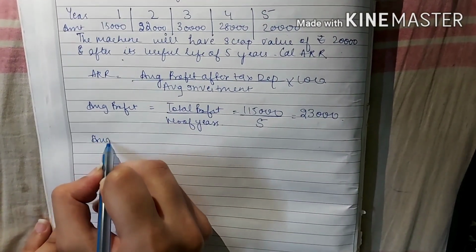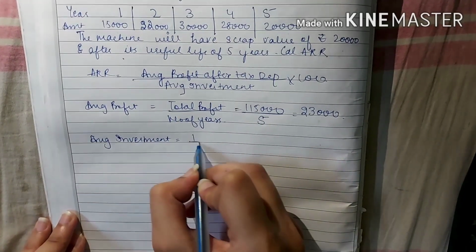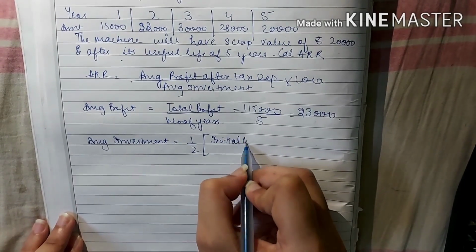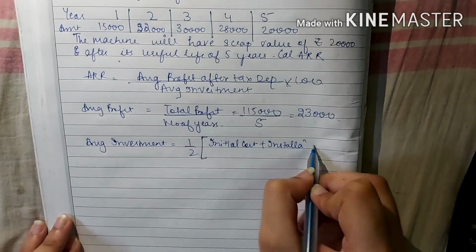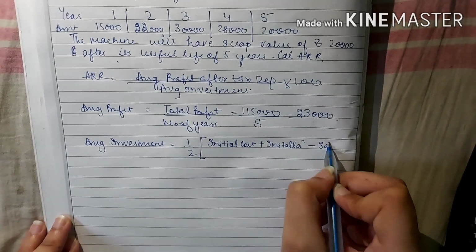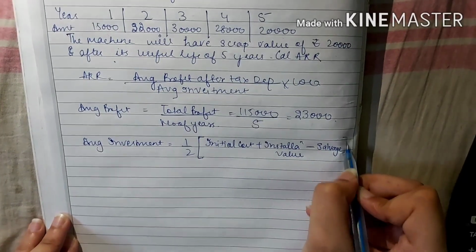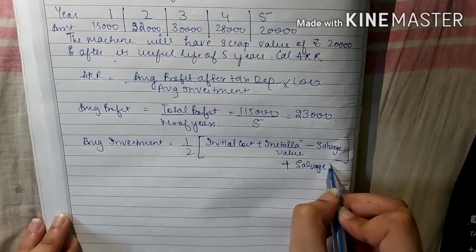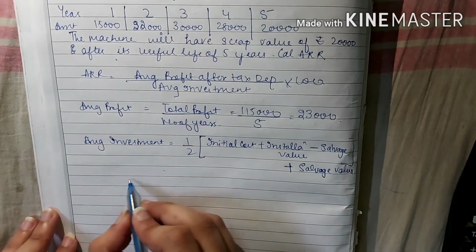Now we have to find out the average investment. So the formula for this is half initial cost plus installation minus salvage value, bracket plus salvage value, and working capital is not given here, so I am not writing it.